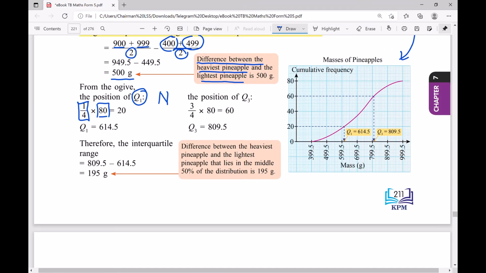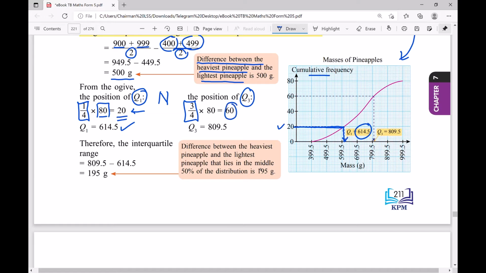And the answer is 20. This 20, you have to find in the graph, at the cumulative frequency. 20 is over here. So from this graph, you'll get 614.5. And then for Q3 or the third quartile, use this formula, 3/4 times 80.